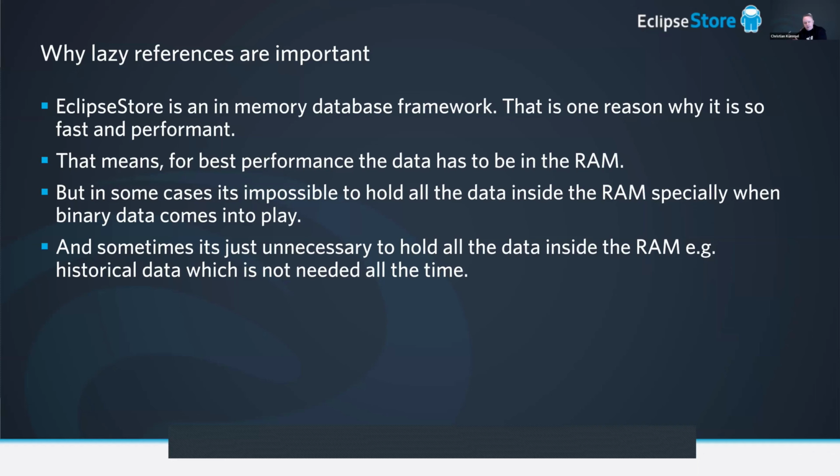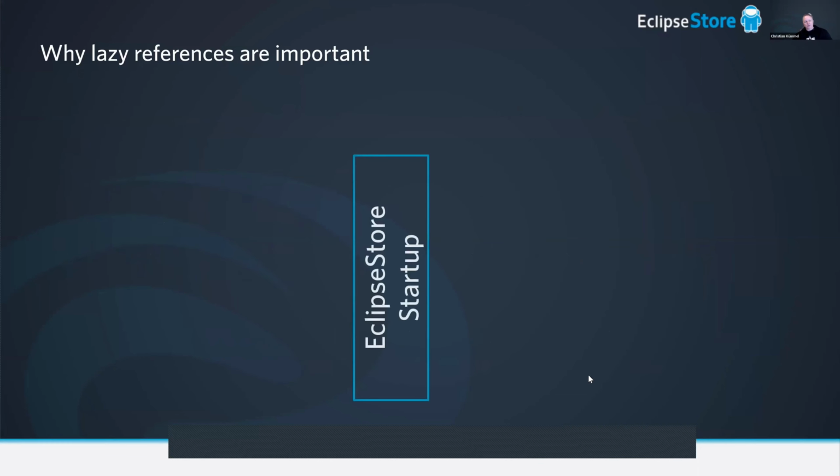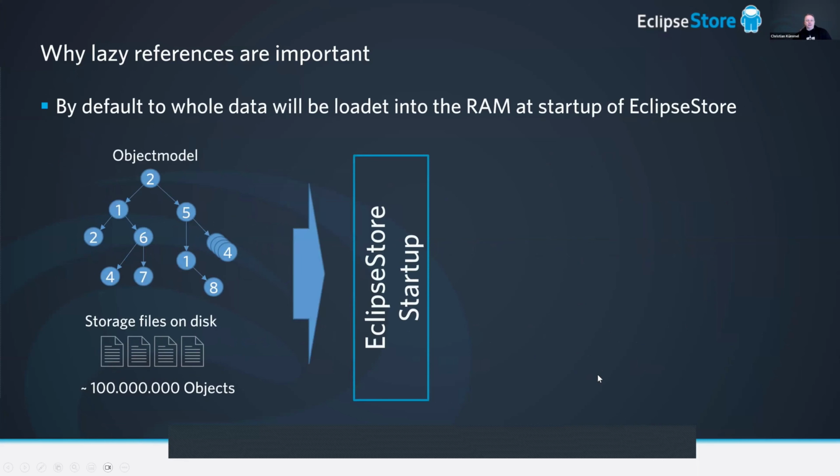Nobody would want to have binary data in the RAM all the time because it's not needed all the time. Sometimes it's just unnecessary, or not possible, to hold data inside the RAM. So we need a way to decide which data we have within the RAM and which data stays on the hard disk.